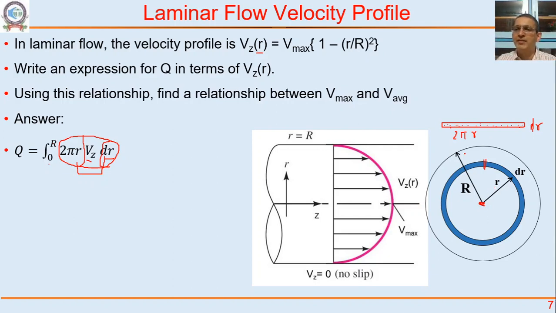The wall of the pipe is described by small r equal to capital R. That's why this integral is from 0, the center, to the wall of the pipe. Okay, so now Vz we can substitute from here.